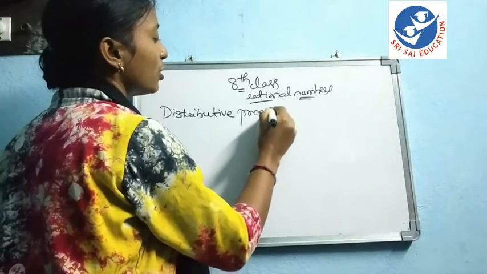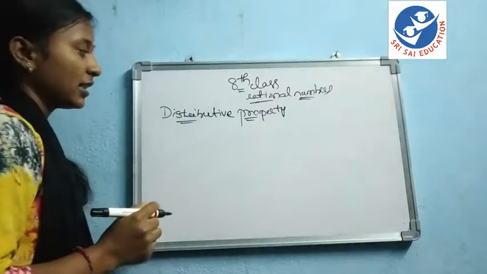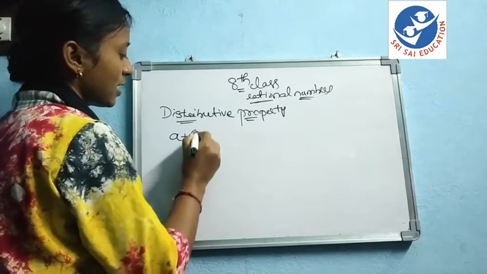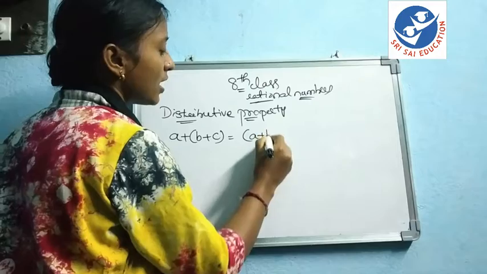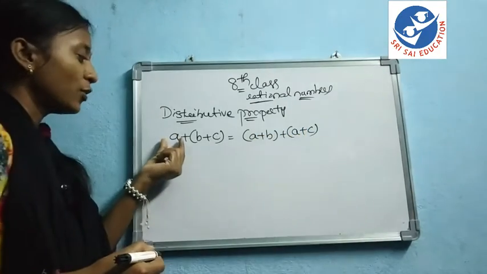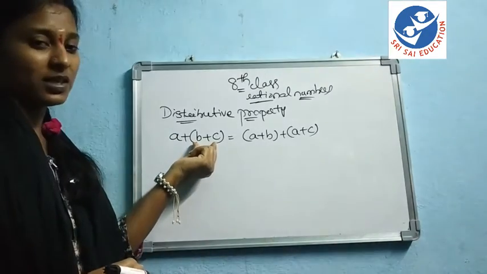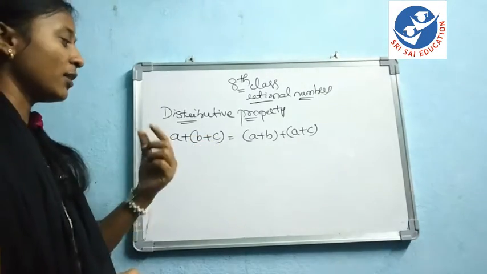What is the distributive property? This means there are three numbers, that is a plus b plus c. That is a plus b plus a plus c. We distribute one number to both numbers, whether they are rational numbers, whole numbers or integers, whatever they may be.